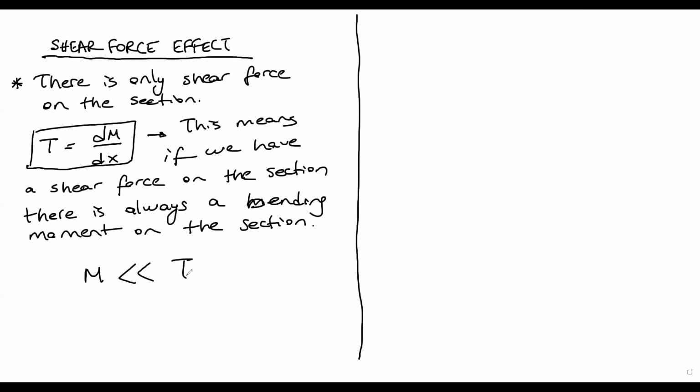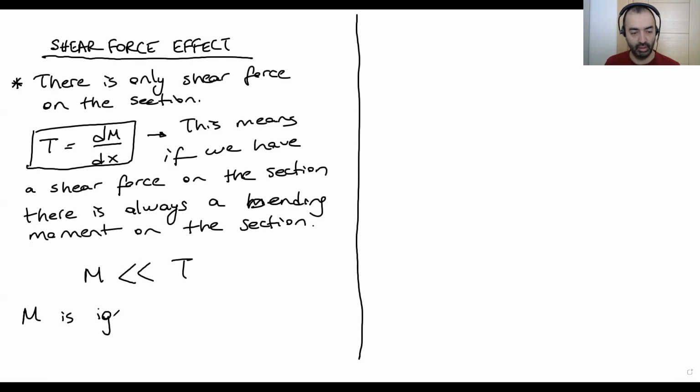So we ignore the moment in this behavior. Since the moment is so small when we compare it with the shear force effect, we ignore it and we take into account only shear force in our case.